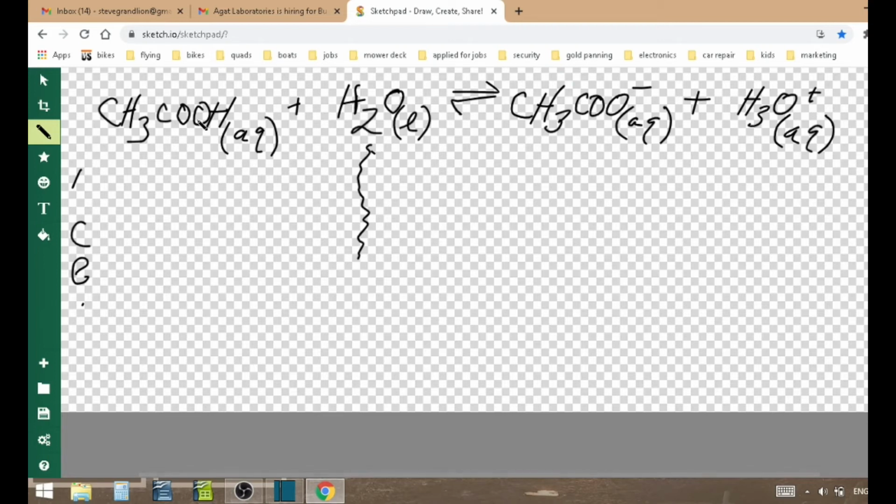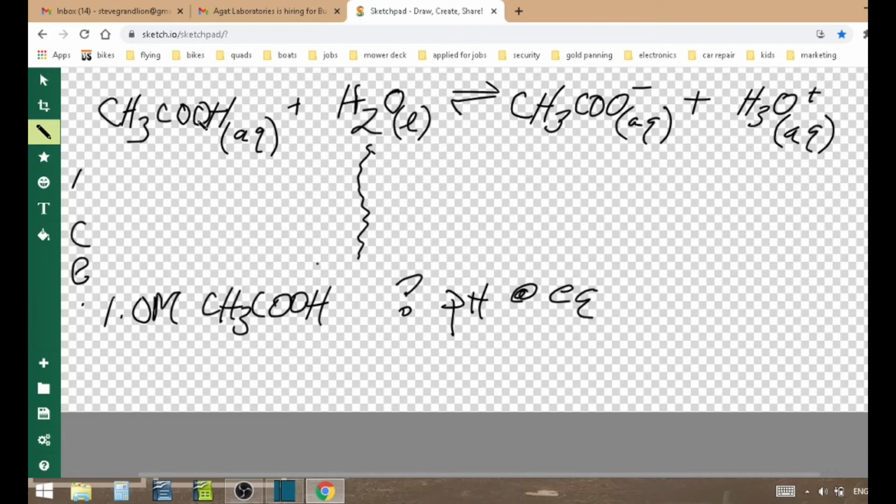Now we're going to be given a scenario here, and in that scenario, you are told you have a 1 molar solution of acetic acid. And you're asked what is the pH at equilibrium?